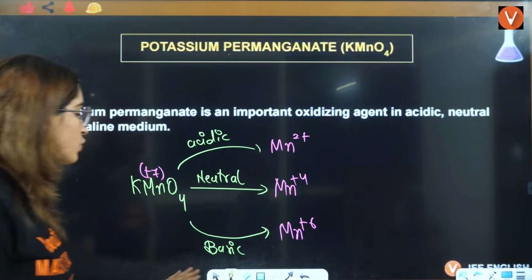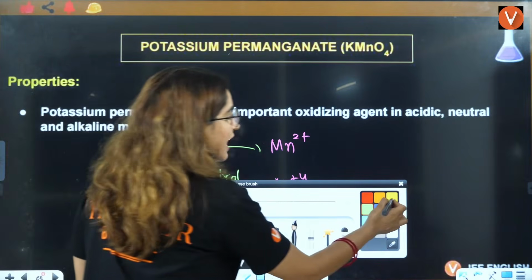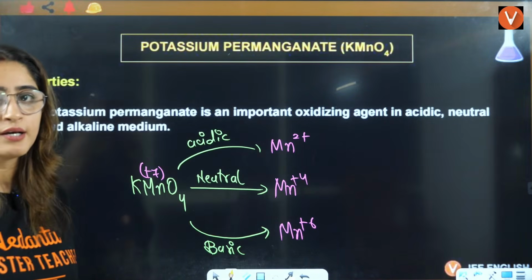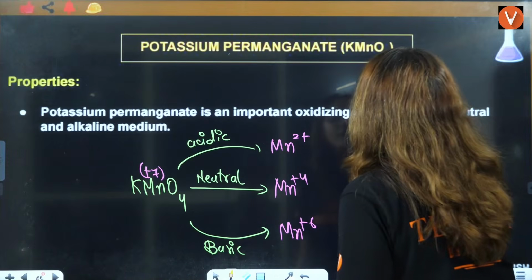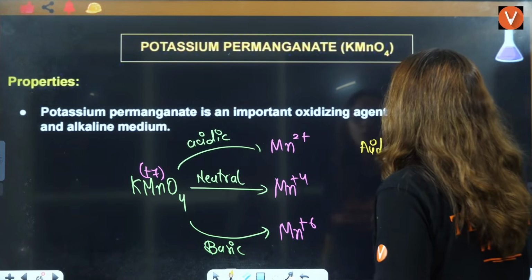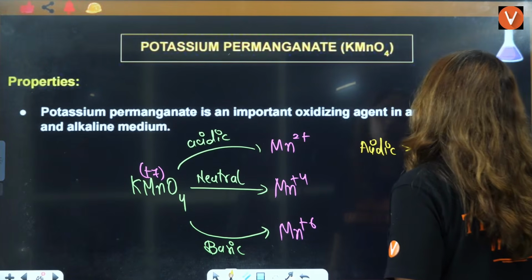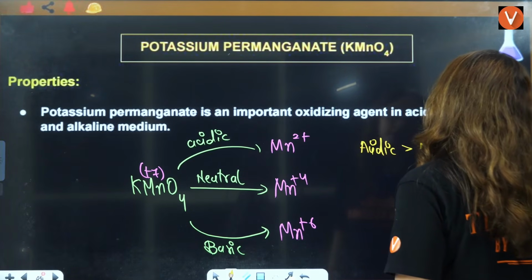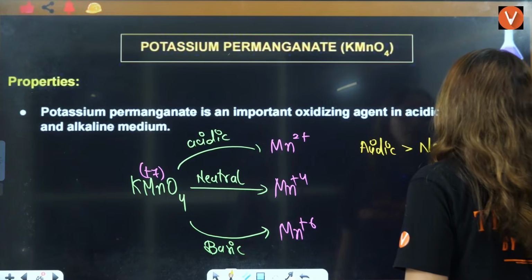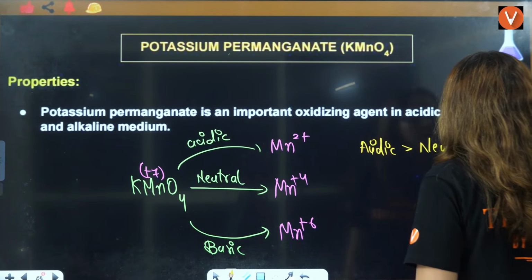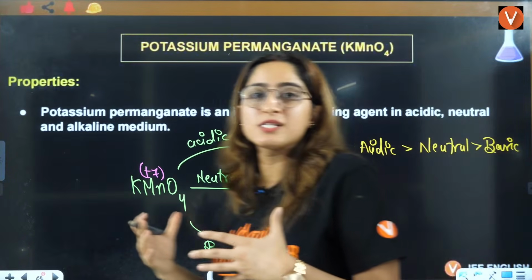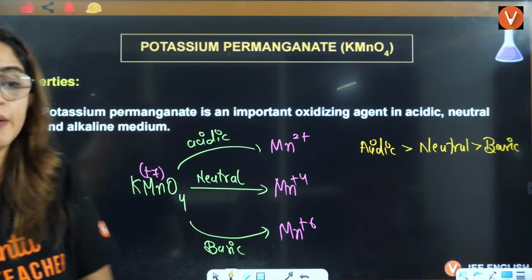Now, if they ask you where the oxidizing nature is maximum, the maximum oxidizing nature is shown in acidic, then neutral, then basic.